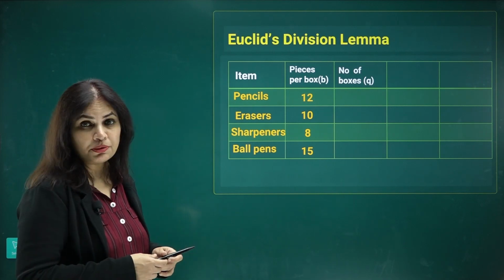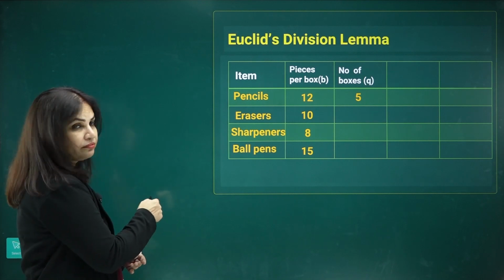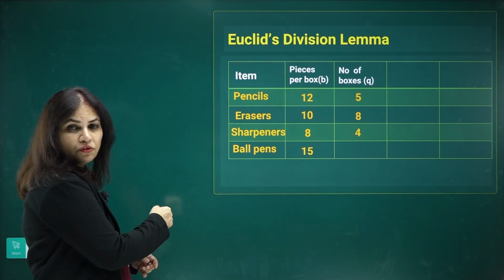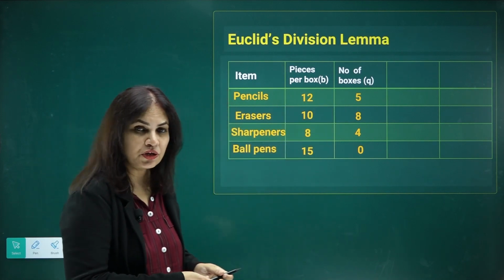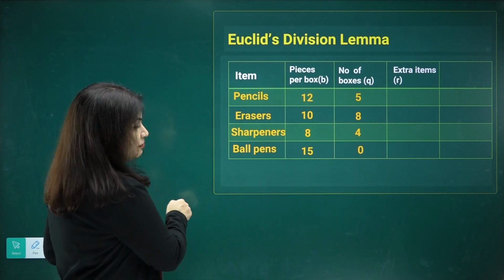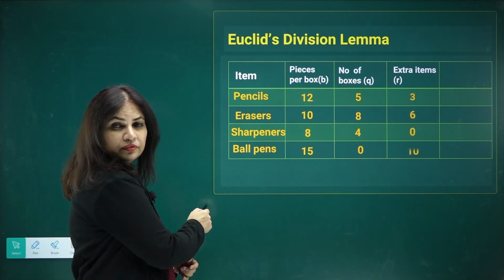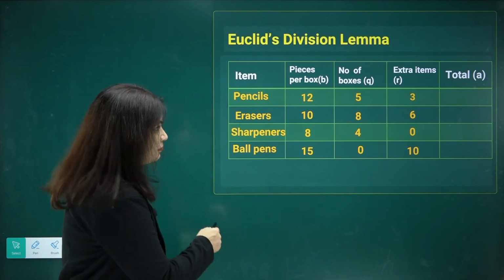The objects have to be positive in number. Number of boxes 5, 8, 4 and 0, let us denote the number of boxes by q. Extra items by r and the total by a.